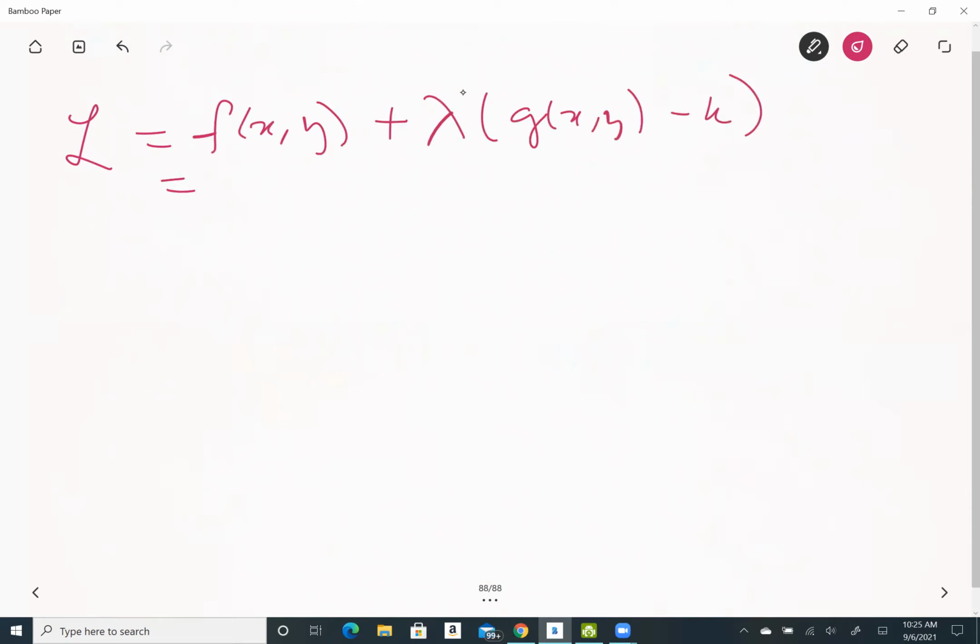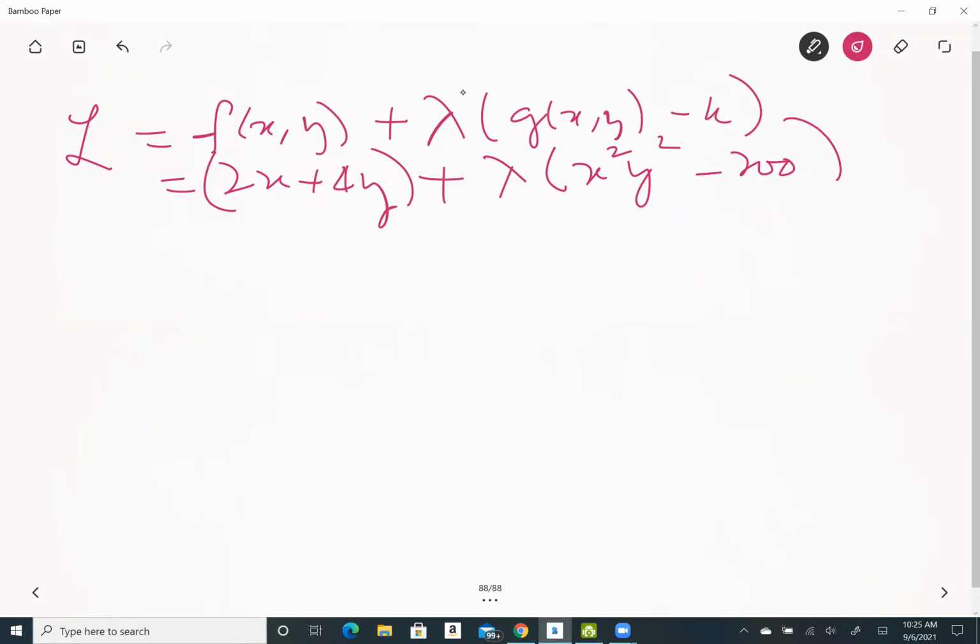The objective is the expenditure, which is the income, so that is 2x plus 4y, plus lambda multiplied by x squared y squared minus 200. So you do the same thing: the partial derivatives Lx, Ly, L lambda.